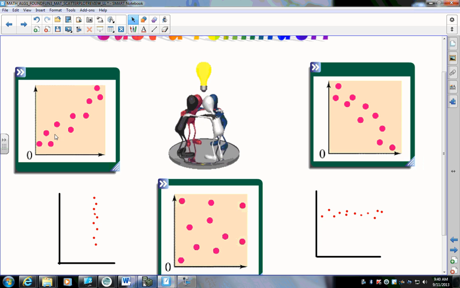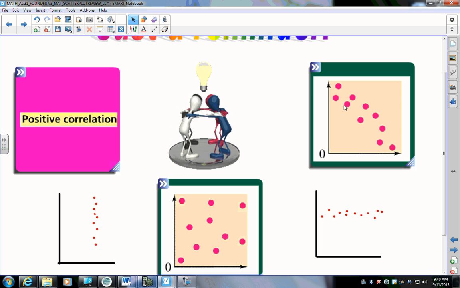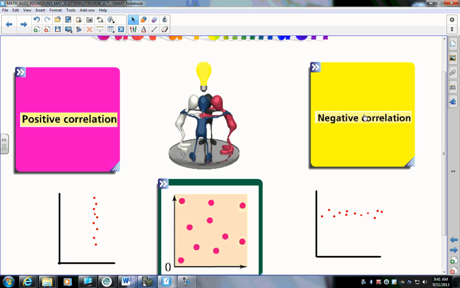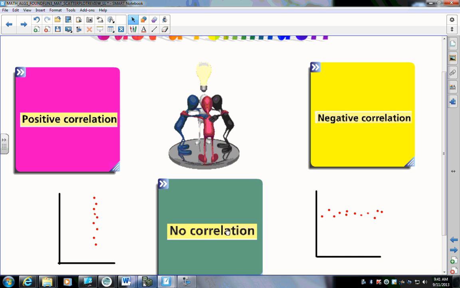All right, so again, the graph up in the top left from left to right going up, that is a positive correlation. Left to right going down is a negative correlation. And these three down here at the bottom are no correlation because they're not going up or down.